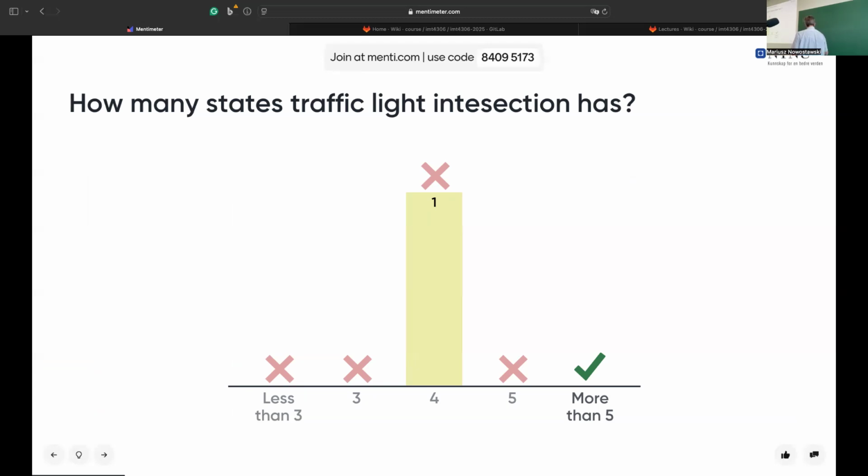This one only blinks, and it means we're not working, right? But we also have the sixth state, which is you approach the traffic lights and everything is off. That's also a state you have to consider, right? So, off.